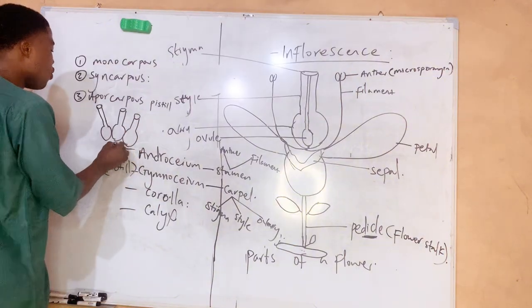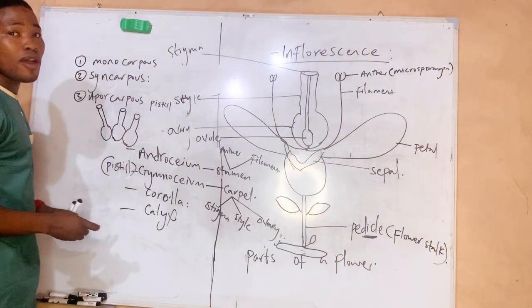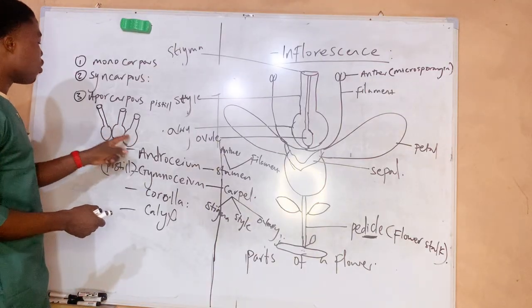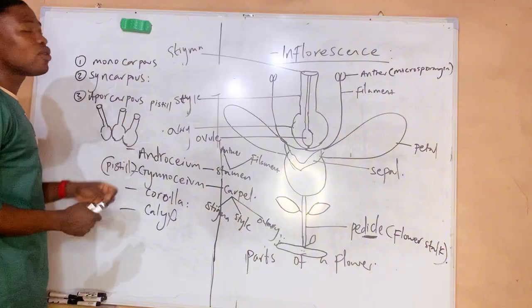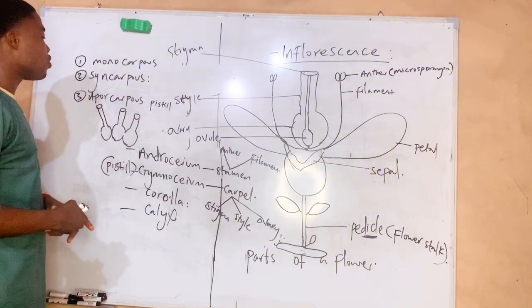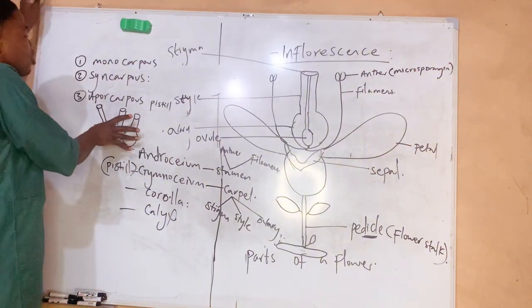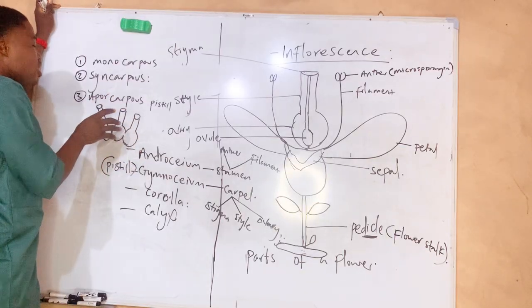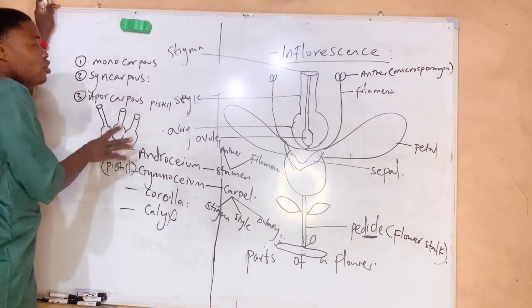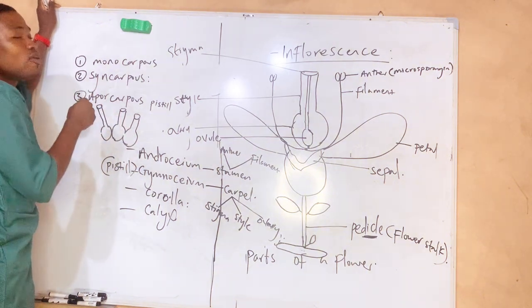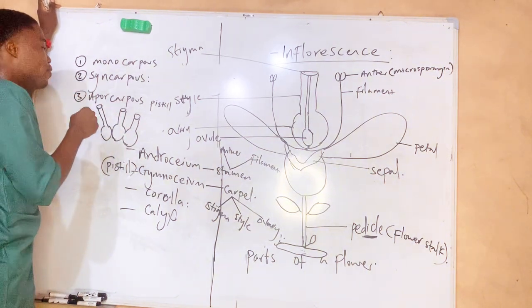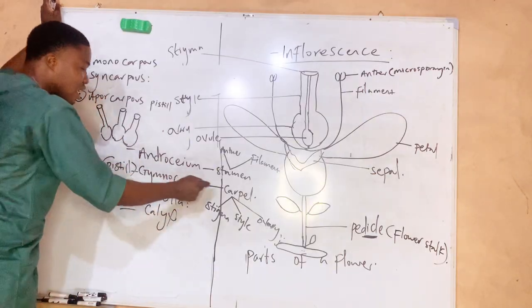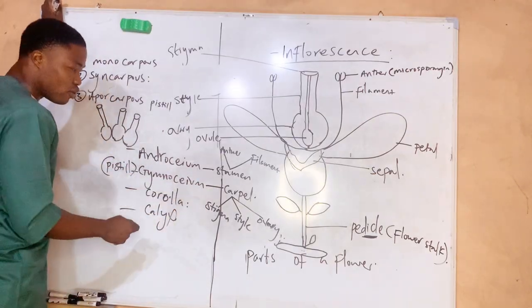The carpels are not fused in the pistil. So where two or more carpels are not fused to form a single ovary, it is called an apocarpous pistil. Those are the classifications of the gynoecium based on the number of carpels they can have. So you believe me when I say that the gynoecium is a collection of carpels.